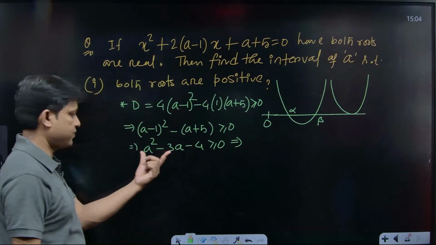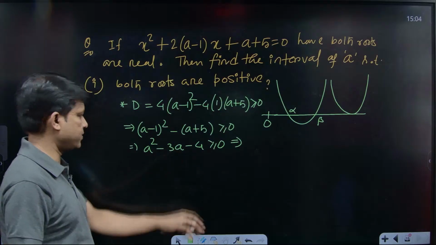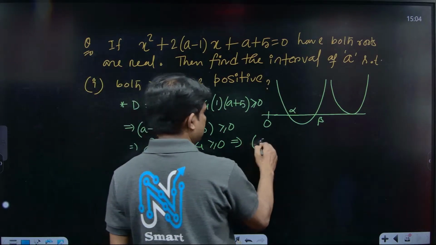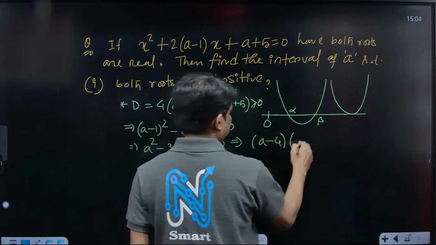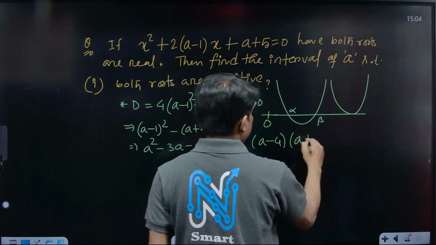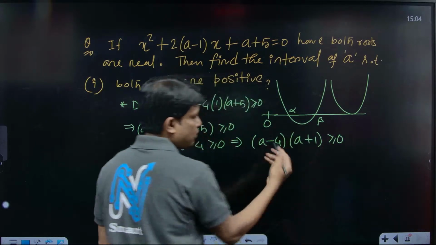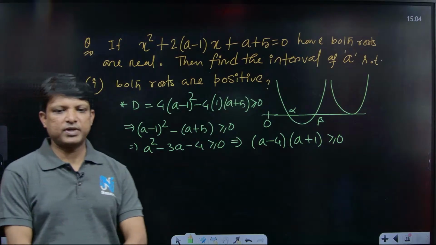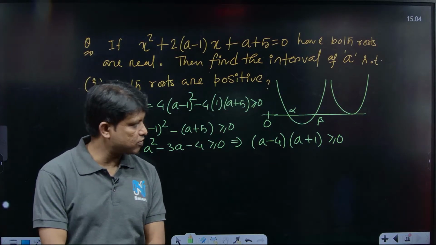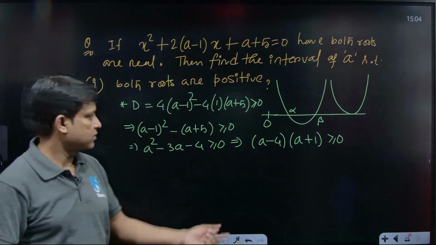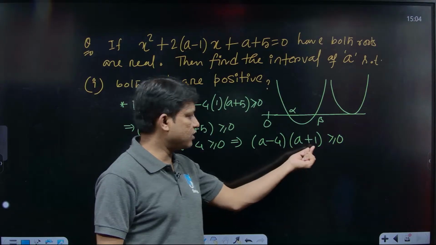Now factorization: a square minus 3a minus 4, so (a minus 4)(a plus 1) greater than or equal to 0. Using the Wavy Curve method, the roots are a equal to 4 and a equal to minus 1.